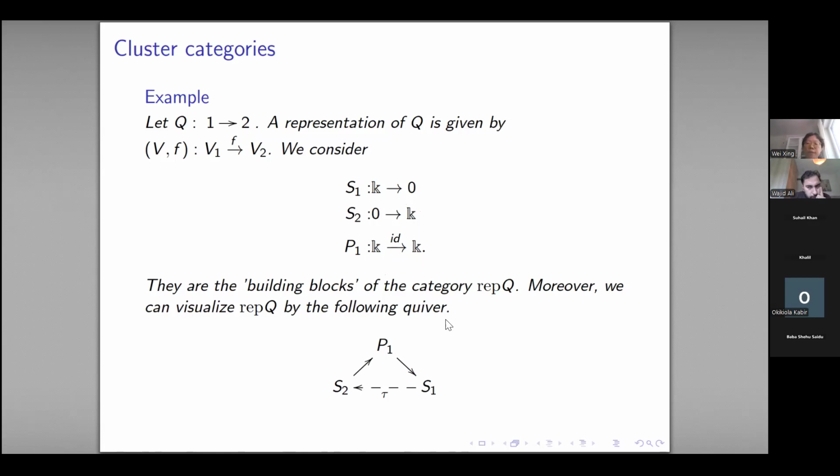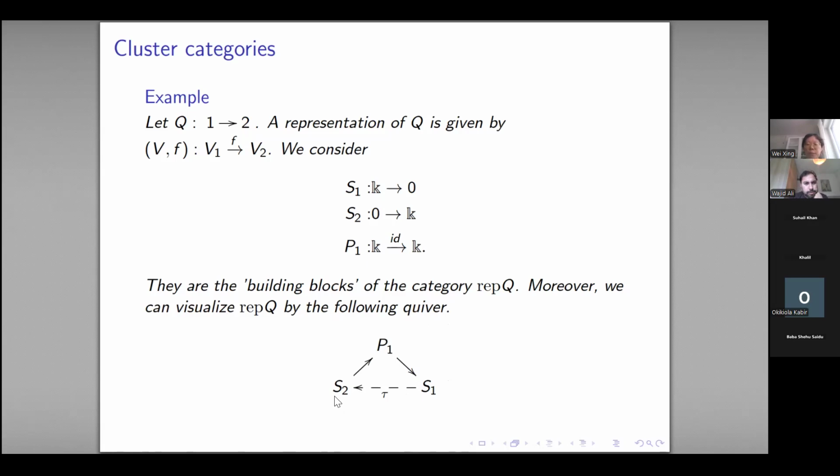And of course, then there are morphisms between them. And moreover, we can visualize this category by another quiver shown as follows. So we have three representations, S2, P1, and S1. And there are morphisms from S2 to P1 and morphisms from P1 to S1. And in particular, there's no morphism from S2 to S1.